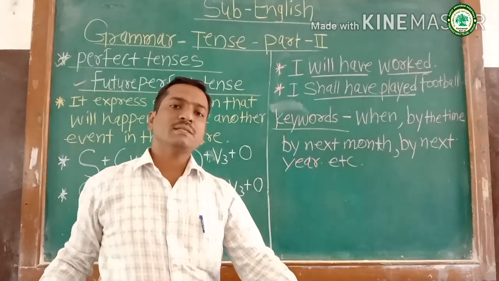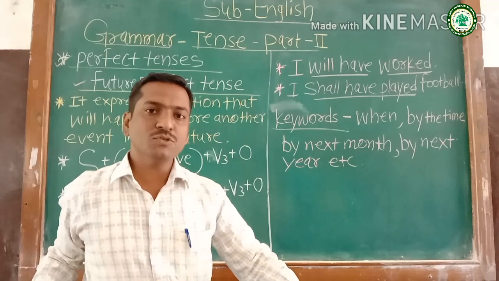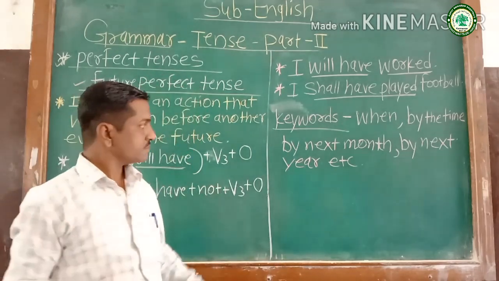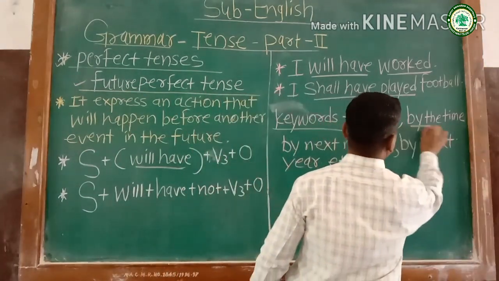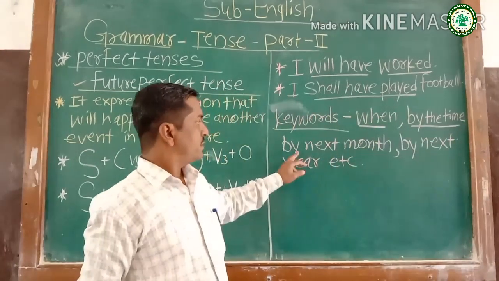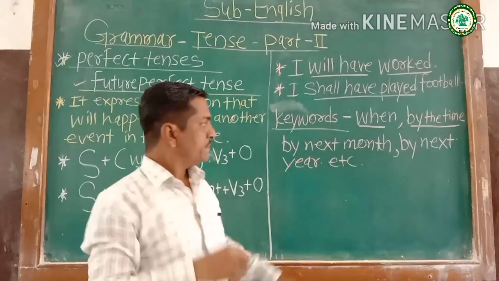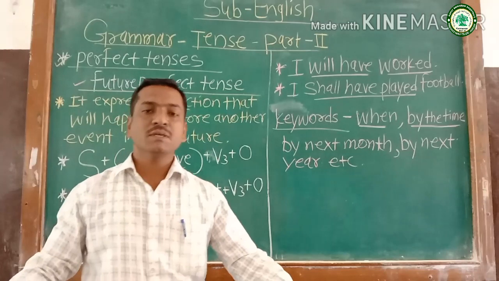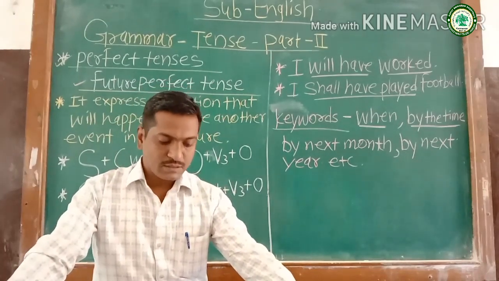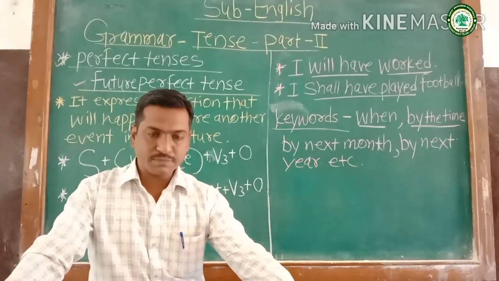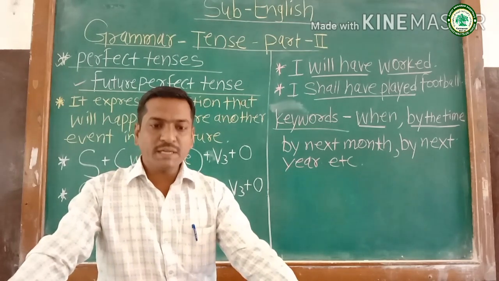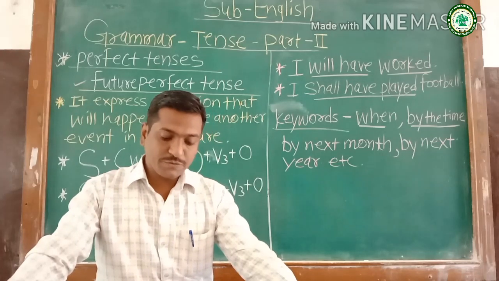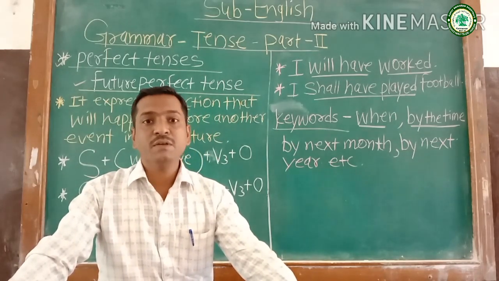Students, there are some keywords or generally used words in future perfect tense: when, by the time, by next month, by next year, etc. Students, we use future perfect tense to express an action that will already have happened in the future, or will happen before another action in the future.